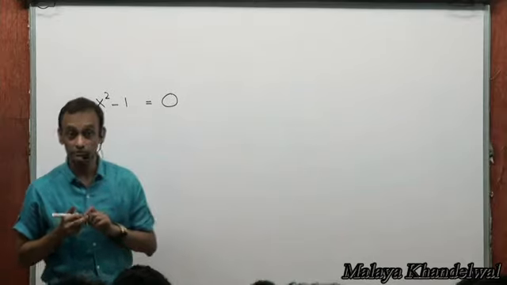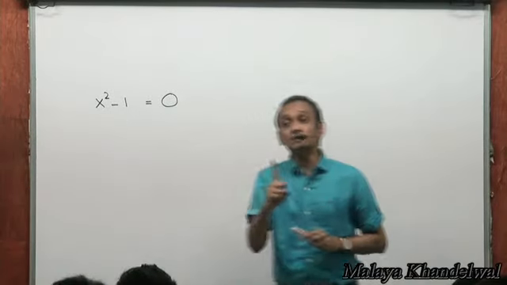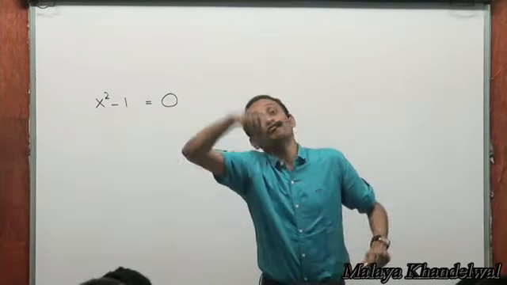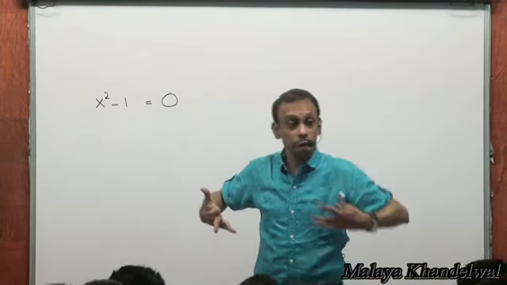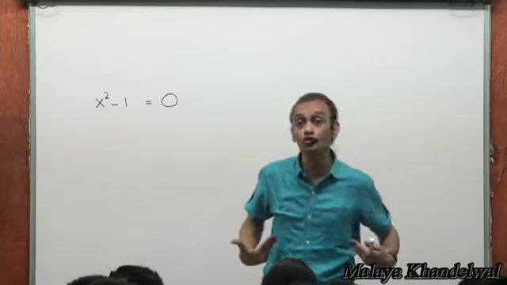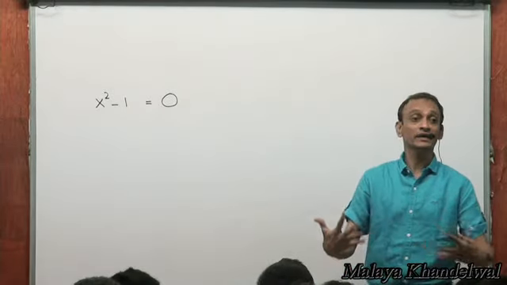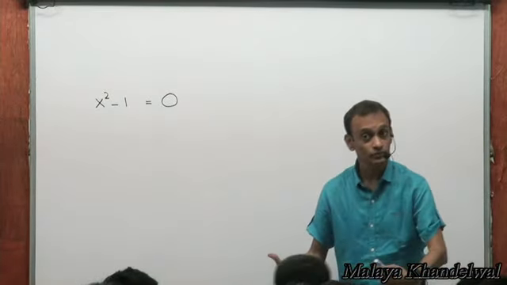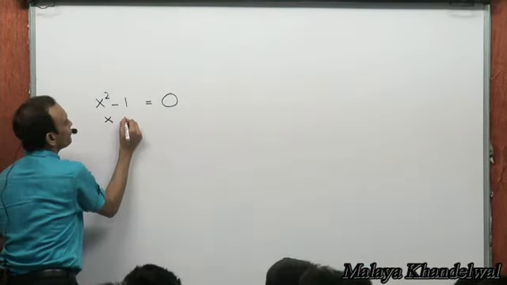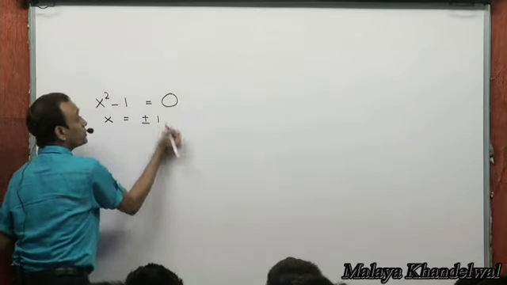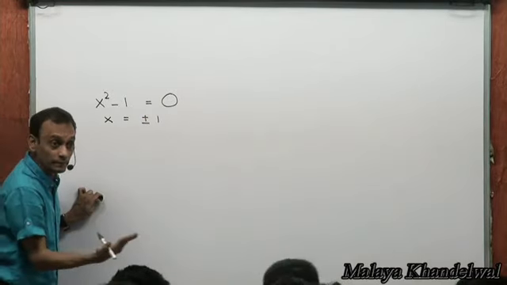Now, this statement is true either for no values of x or only for some values of x. It's not true for all values of x. It has its limitations. In this case, for example, it's true only for x equal to plus minus 1, 2 values of x.